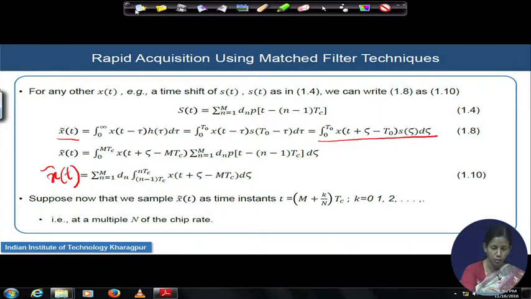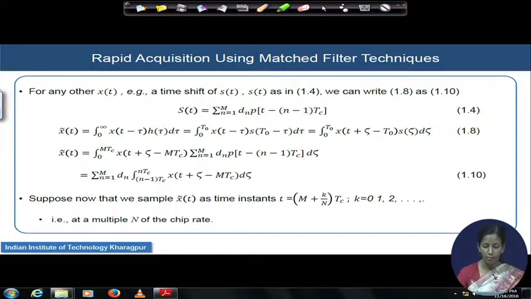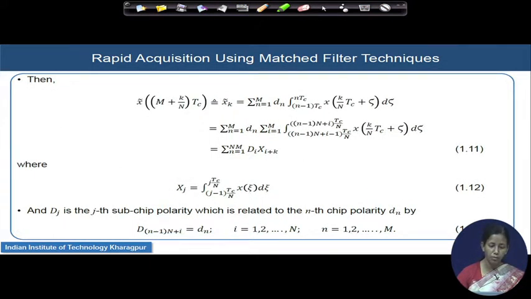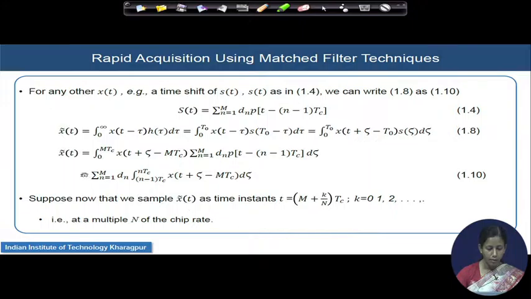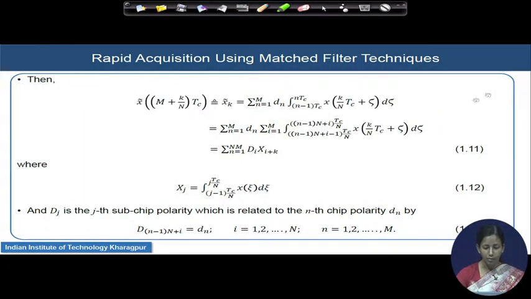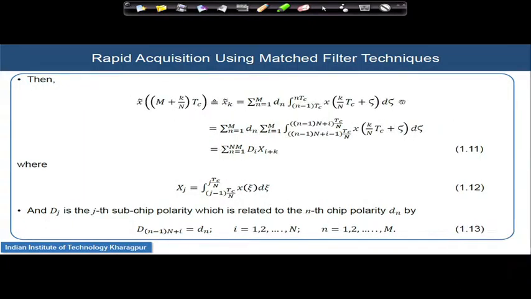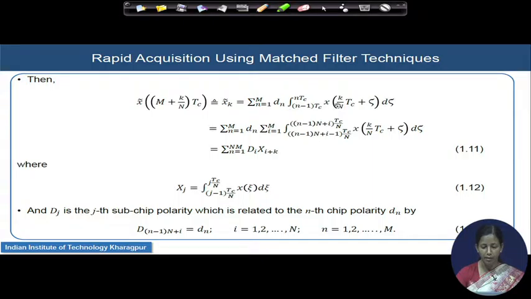Then I will substitute the small t by (M + k/N) Tc everywhere. That is the only part done here, and this left side x tilde (M + k/N) Tc can now be approximately called x tilde k, and this is a simple substitution that we have done there, and plus MTc minus MTc is gone.